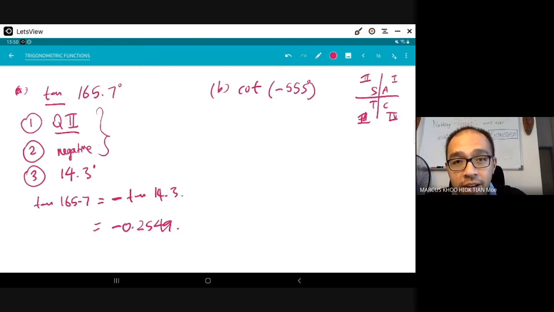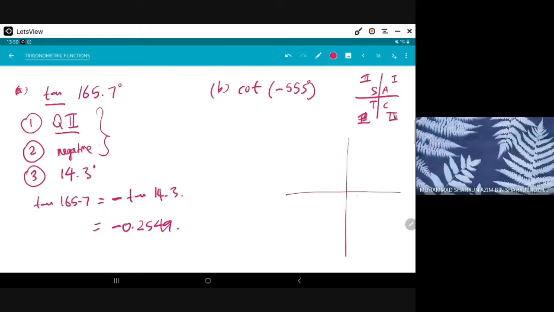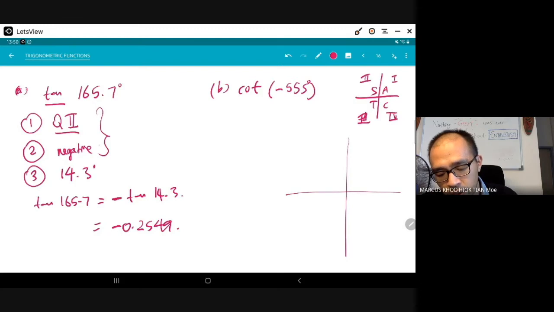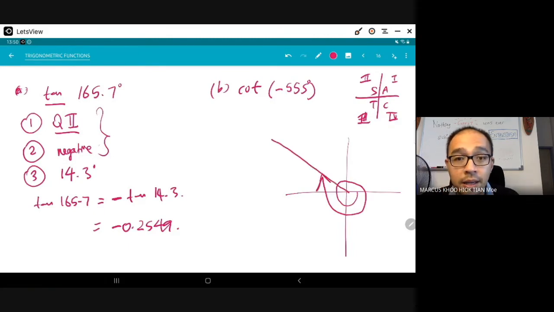Negative 555 is in which quadrant? Anybody? Second quadrant. It rotates one full turn, and then like this. Everybody agree? Second quadrant?